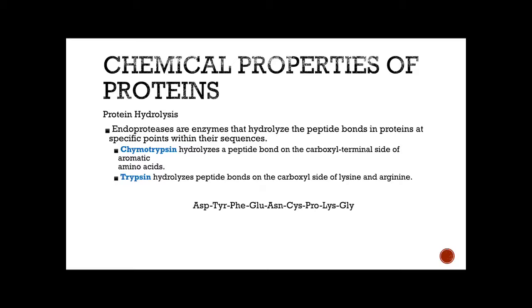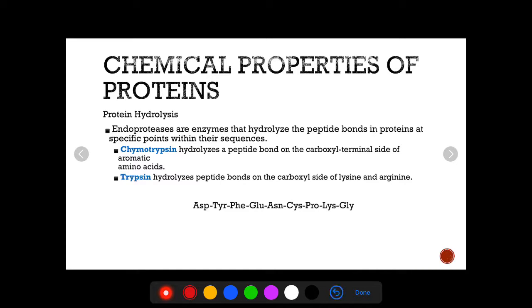Just to give you an example here, if we were to take this peptide that's listed and use chymotrypsin, then it would be hydrolyzed here next to tyrosine, because tyrosine has an aromatic ring, as well as right here next to phenylalanine.